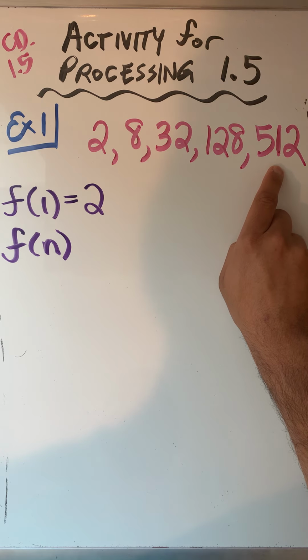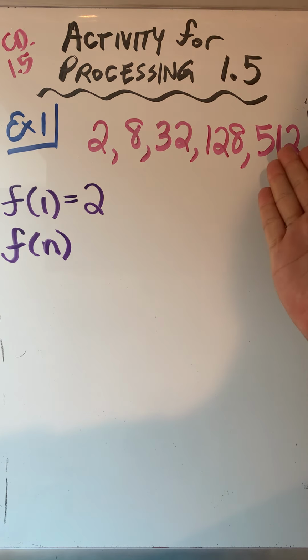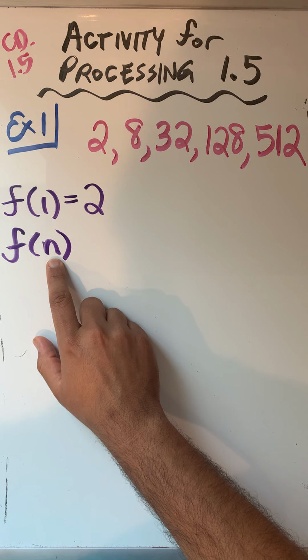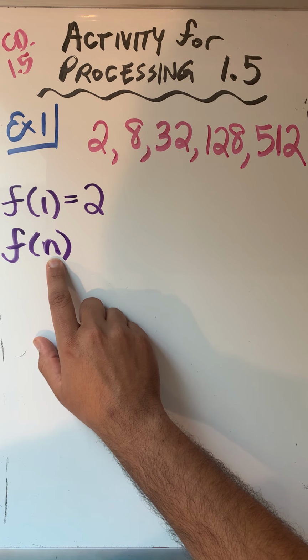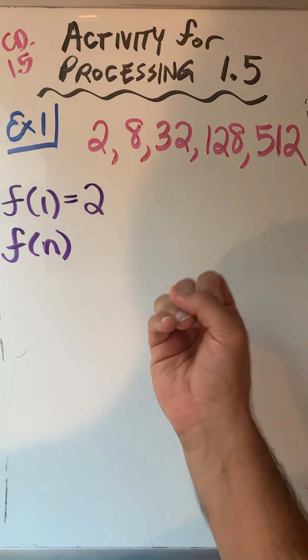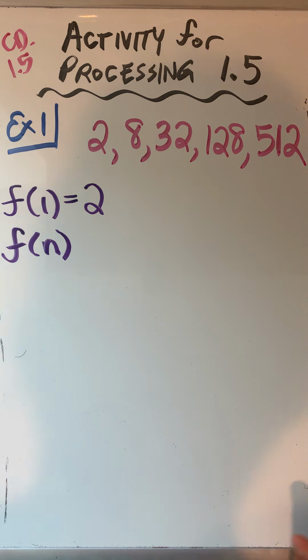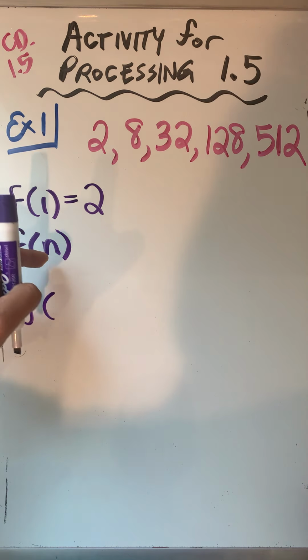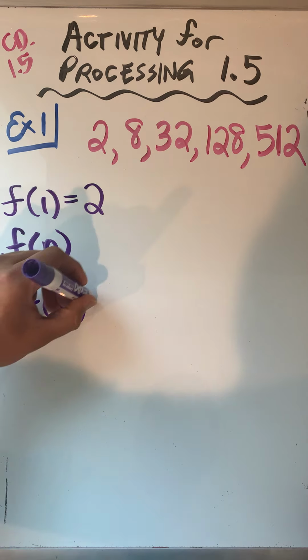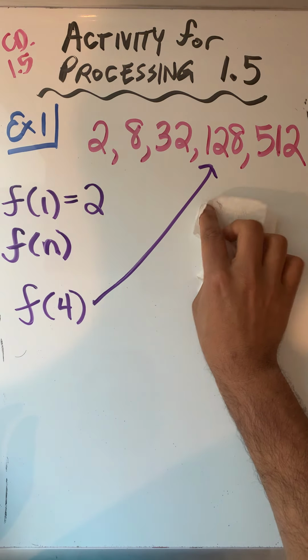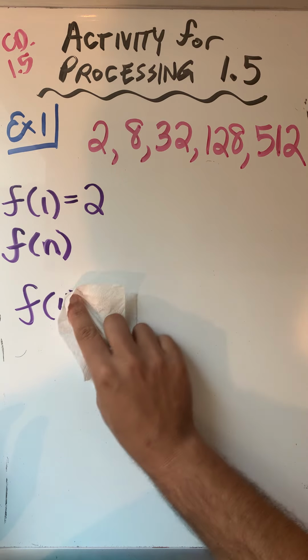This sequence is called f of n, and you can swap the value of n with any term number, and the output, the value, will be what you see here written in red. So if I were to say f of 4, I'm going to switch out the n with 4. That's referring to the fourth term of the sequence, ladies and gents. So once again, f of n is the term or term value.